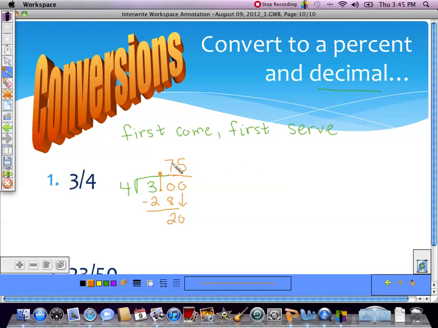So now we have our decimal version, and we just learned in the previous slide how to change this decimal to a percent. We're going to put our pencil on the decimal and move it 2 places to the right. So our answer is 0.75 or 75 hundredths as a decimal and 75%.